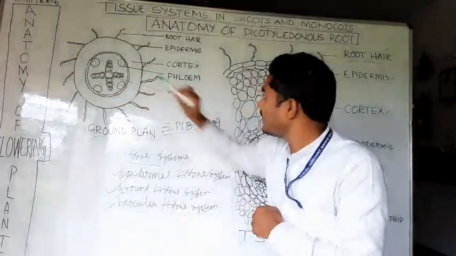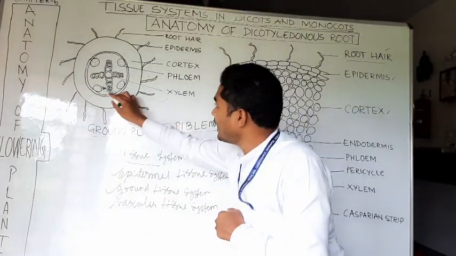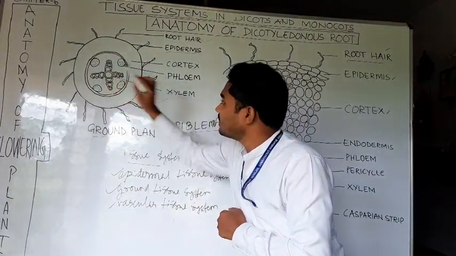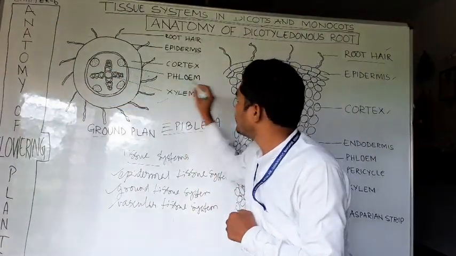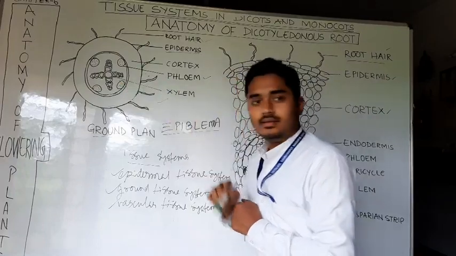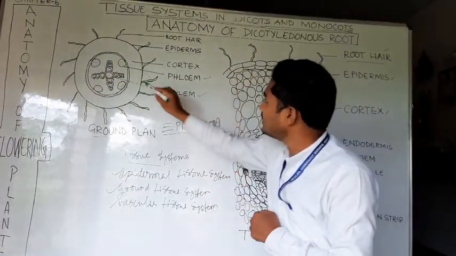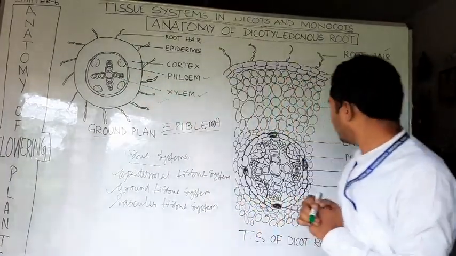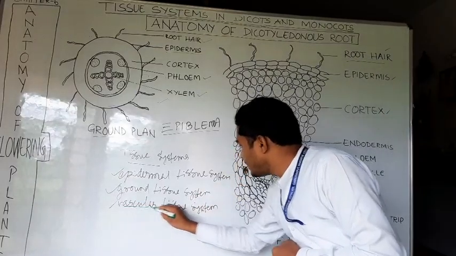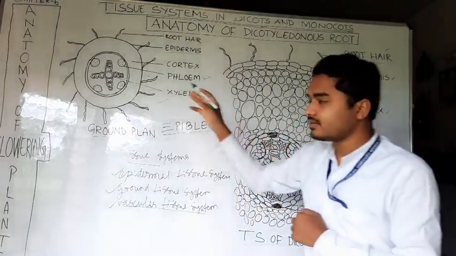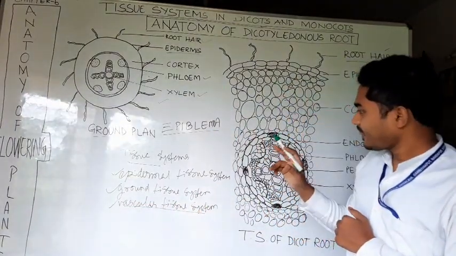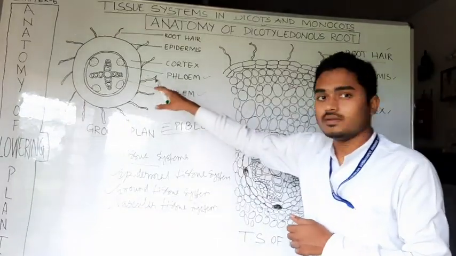The next one is this circular structure, known as the endodermis, and these patches are the phloem and the xylem. This xylem and phloem together constitute the vascular tissue system along with the stele, and the ground tissue system consists of the cortex.